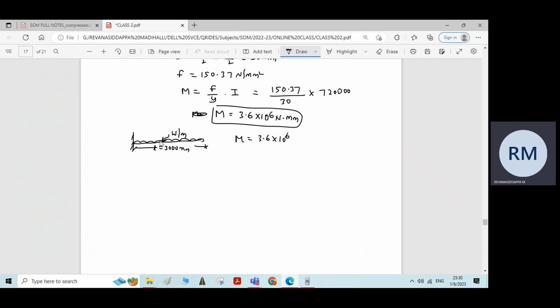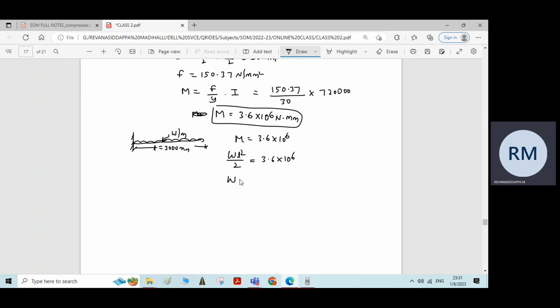It will be WL square by 2. Means moment of this UDL about the support. W into L by 2, which gives WL square by 2. WL square by 2 is equal to 3.6 into 10 power 6.